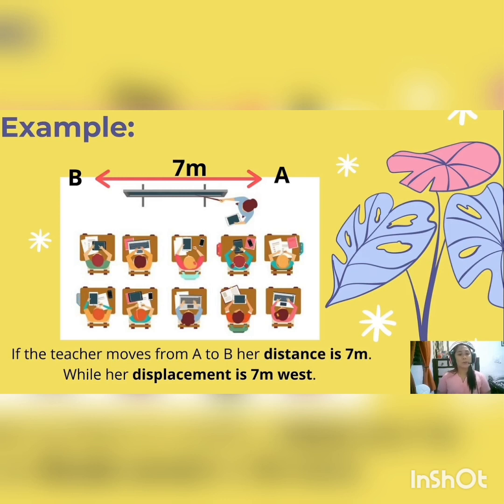If the teacher moves from A to B, her distance is 7 meters. 7 meters referring to the magnitude, while her displacement is 7 meters west. So you are going to connect the direction with the magnitude. So again, when we talk about distance, it only refers to one, which is the magnitude, while a displacement is a combination of magnitude and direction.